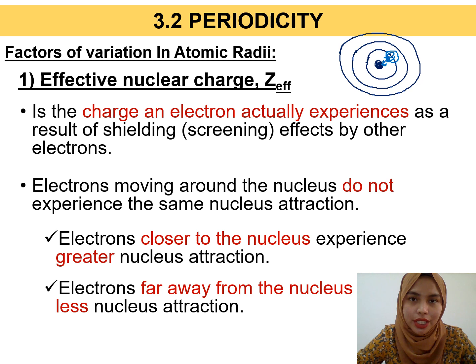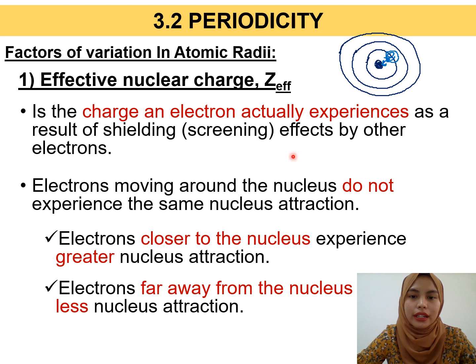That nuclear attraction we call ZEF or effective nuclear charge. It is the charge the electron experiences when it is orbiting around the nucleus. Basically, effective nuclear charge is the nucleus attraction between the nucleus and the electron.